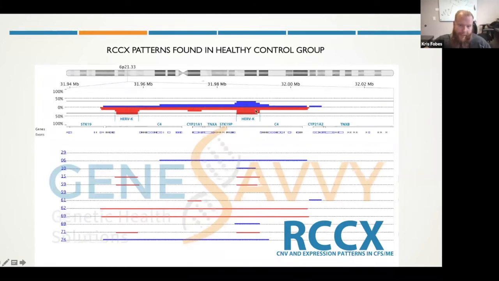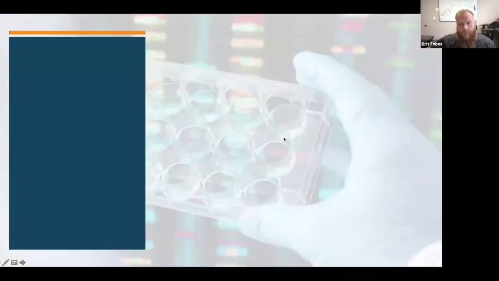That was pretty interesting to see that, at least in these healthy controls, we weren't seeing excessive bimodular, trimodular RCCX copies, and we also weren't seeing HERV-K insertions within C4. That's what this is showing.